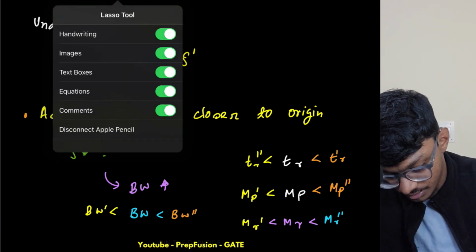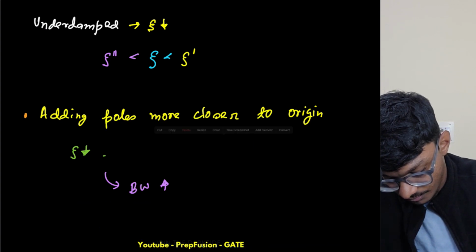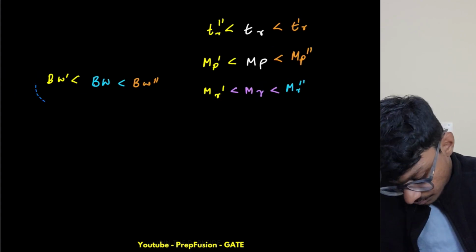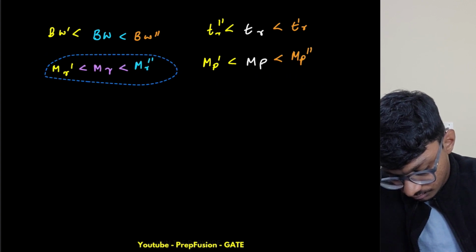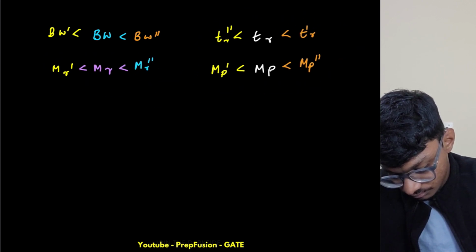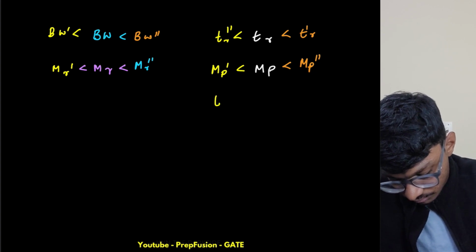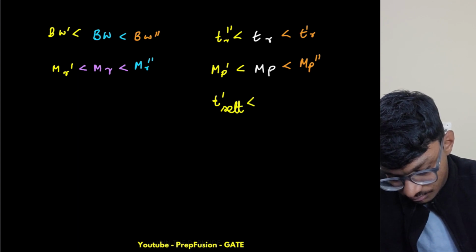So I can write the frequency domain parameters here. Let me just copy the parameters. Settling time will increase, obviously.